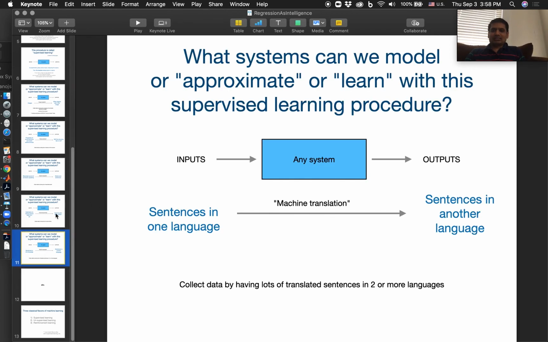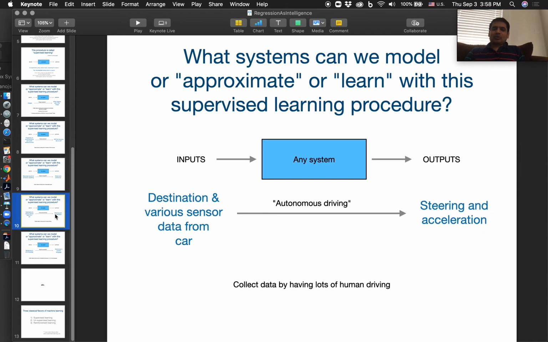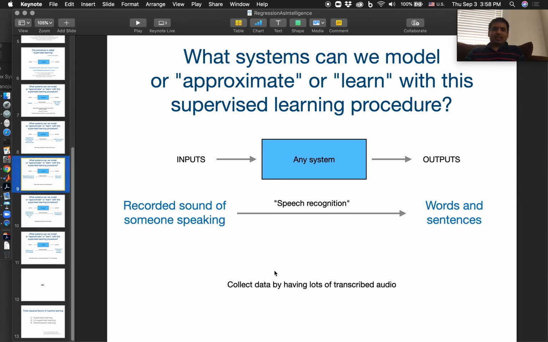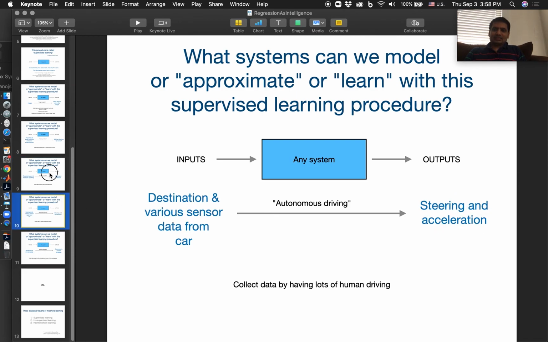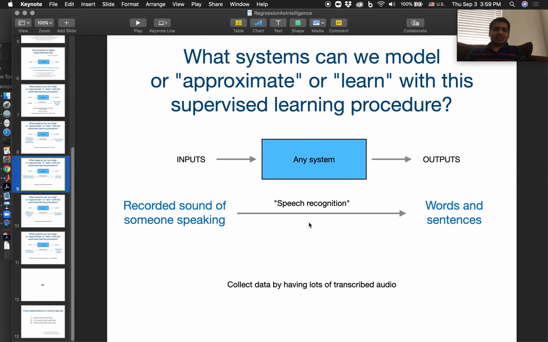My point is that what we consider intelligence, quote unquote intelligence, could potentially be achieved by collecting lots and lots of data and then fitting a function between input and output. So that's the point. And all of these things, the data is often gotten actually from human intelligence, right?